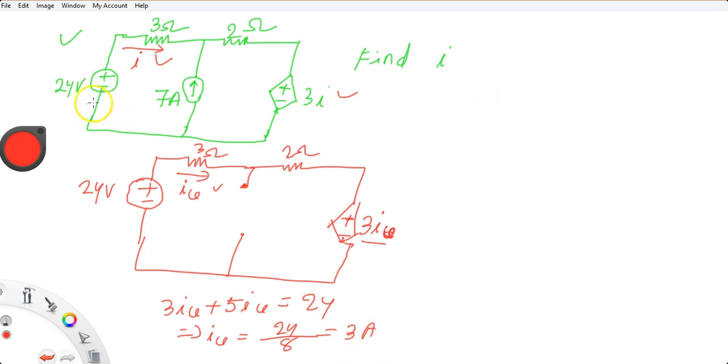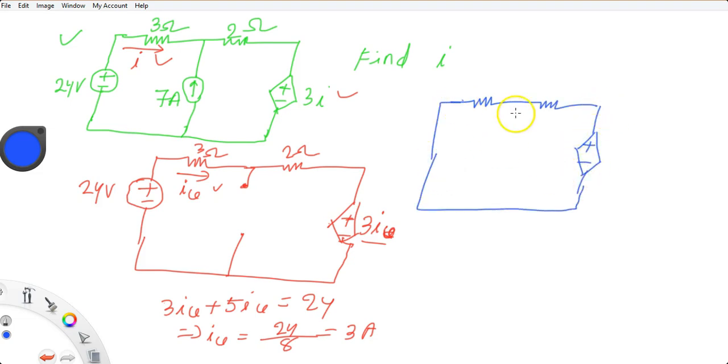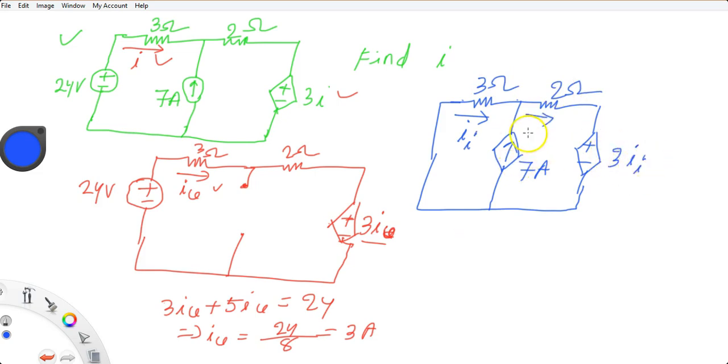Now second case, the voltage source will be shorted and we will have only the current source. You will have 7 plus I'' as the current. So put a KVL here.